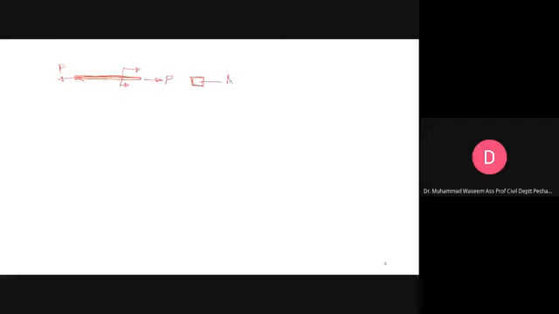The cross-sectional area of this member is A. And if we see what the axial stresses are which are produced in this member due to the application of this load P, we will term it sigma, and this is P divided by A. You can see that the area is in the denominator.